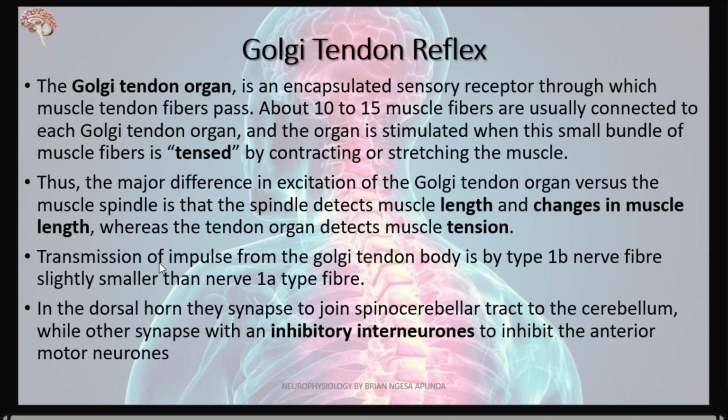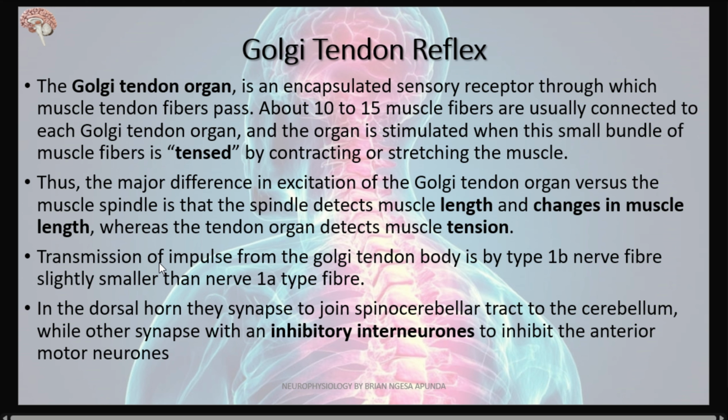And of course, we are able to see the specific nerve fiber, the type 1B, that is able to get the information from the Golgi tendon area and take it to the spinal cord. At the spinal cord, they synapse with the interneuron to excite the lower motor neuron to give us the right reply.